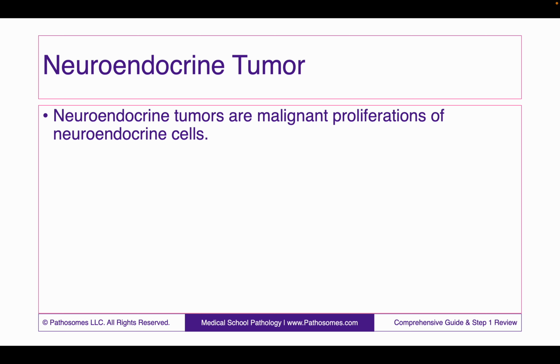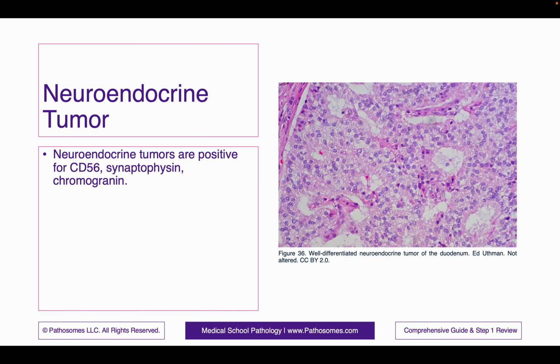Synaptophysin, right? And chromogranin, right? And CD56, right? They have that salt and pepper nuclei, right? You remember that? I know you do. I believe in you. Now, neuroendocrine tumors are positive for CD56, synaptophysin, and chromogranin. Never forget that. Especially, never forget synaptophysin, because at your level, that's the one that they usually ask about.